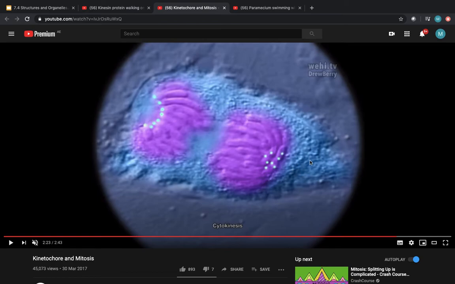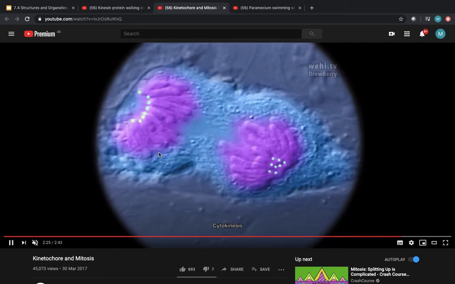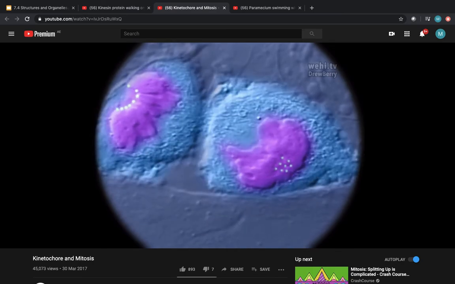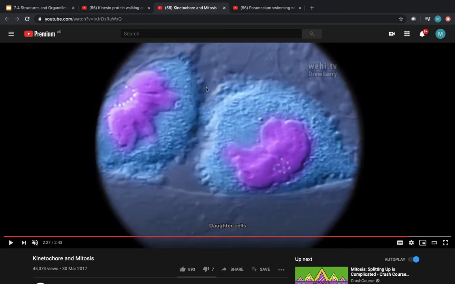So right here, you would find a centriole on each side of the cell, and they'd be extending microtubules to grab the chromosomes and pull them to opposite sides of the cell. So this is why centrioles and microtubules are extremely important when it comes to cell division. And as you can see now, each one has the same set of DNA, and they've divided into two new cells.